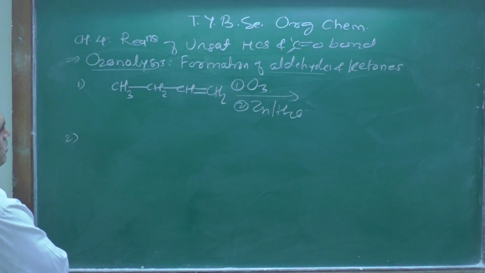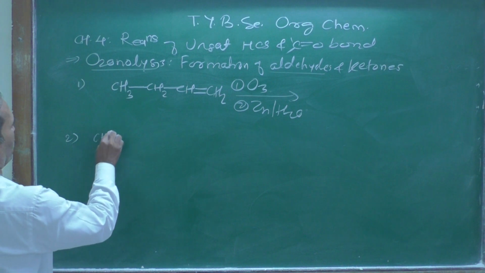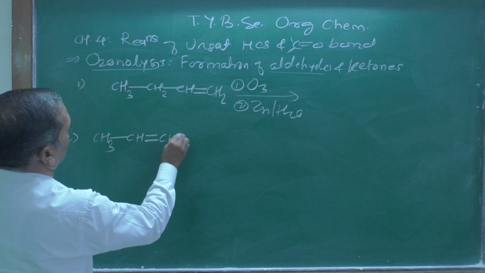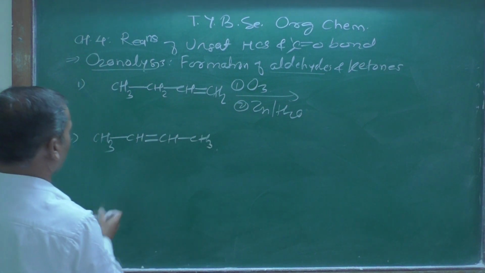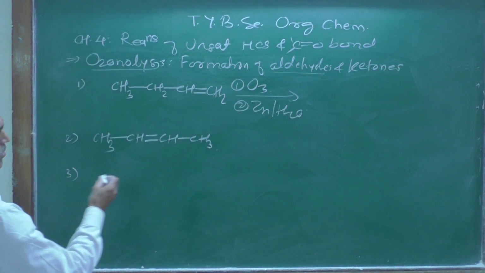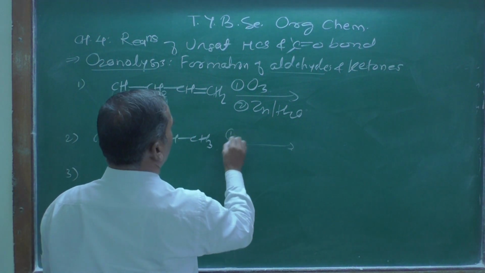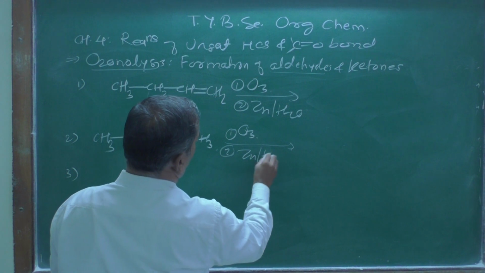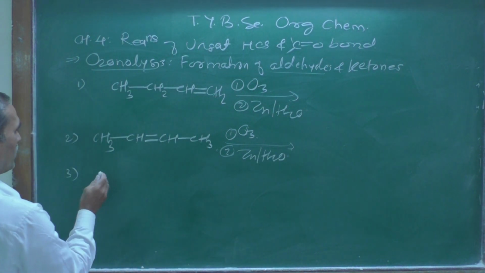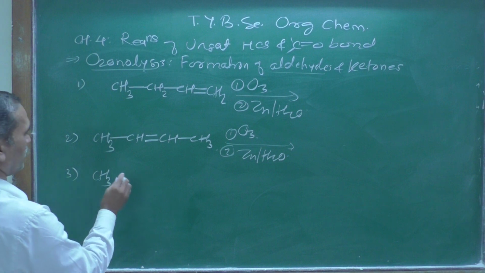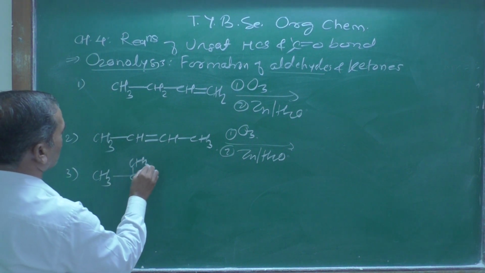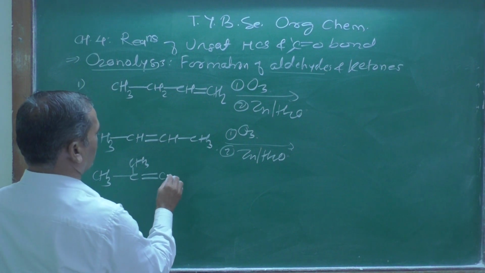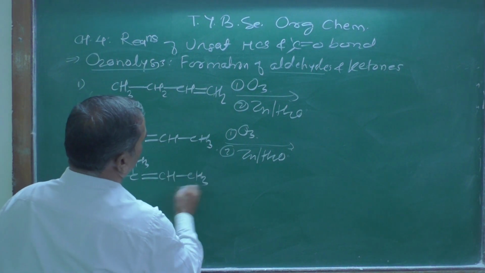So now let us look at another example over here, CH3, then CH double bond CH and the CH3 like this. And for the third example I am using the same reagent. First one is ozonolysis, second one will be zinc in the presence of water. The third one I am taking over here, CH3, then here CH3 double bond, then CH3.